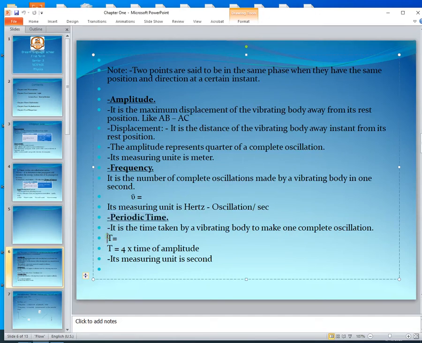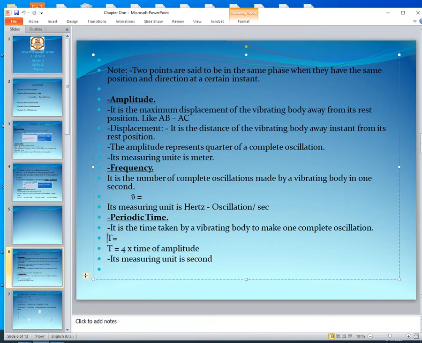So T here, if I told you that the vibrating body made 100 turns in 10 seconds, what is the time of one oscillation? Again, a vibrating body made 100 cycles in 10 seconds. What's the time of one cycle?